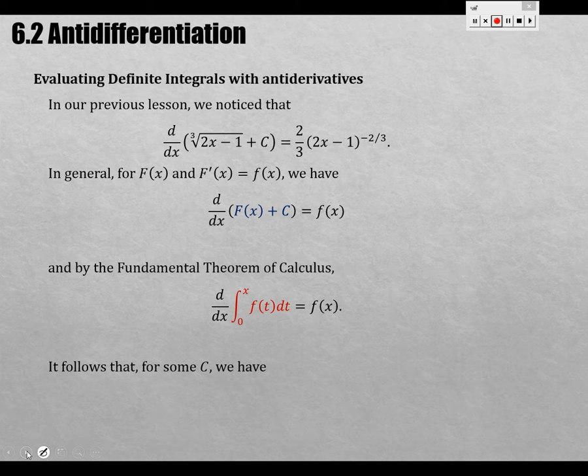Then that means that for some c value, this must hold. The things we've been coming up with on all these slides are all just the accumulation function, for the appropriate choice of c.